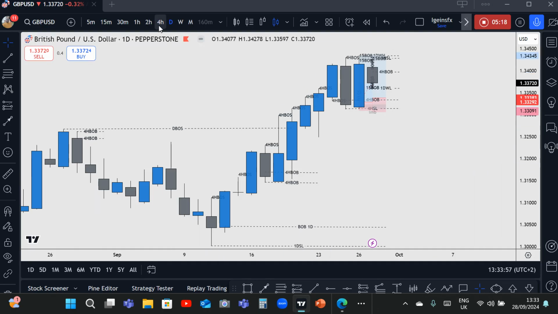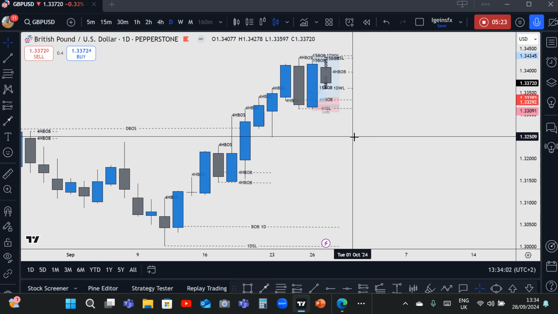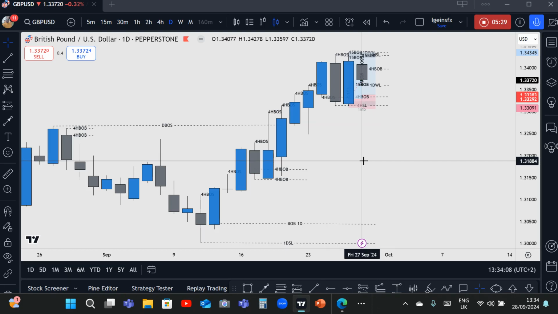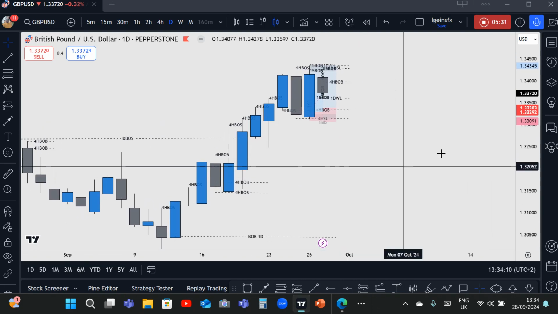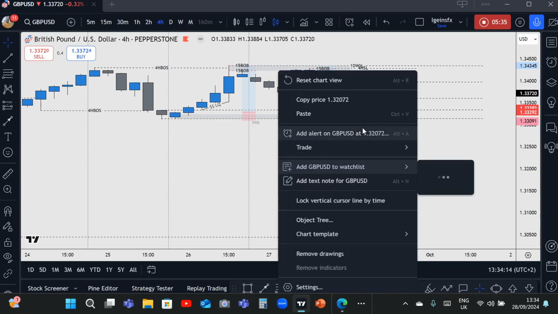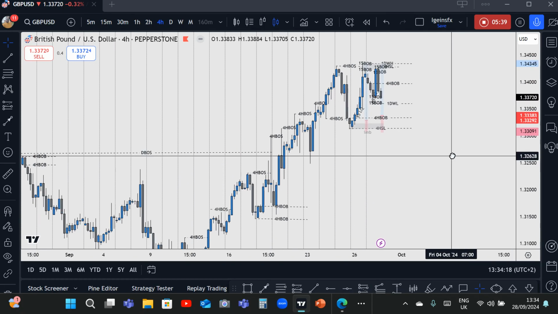If it is a 4 hour time frame, it prints so many candles, not one, many candles. Each candle represents information on anything that happens within the time frame. So we need to scale down to 4 hours so that we can see this very clearly.